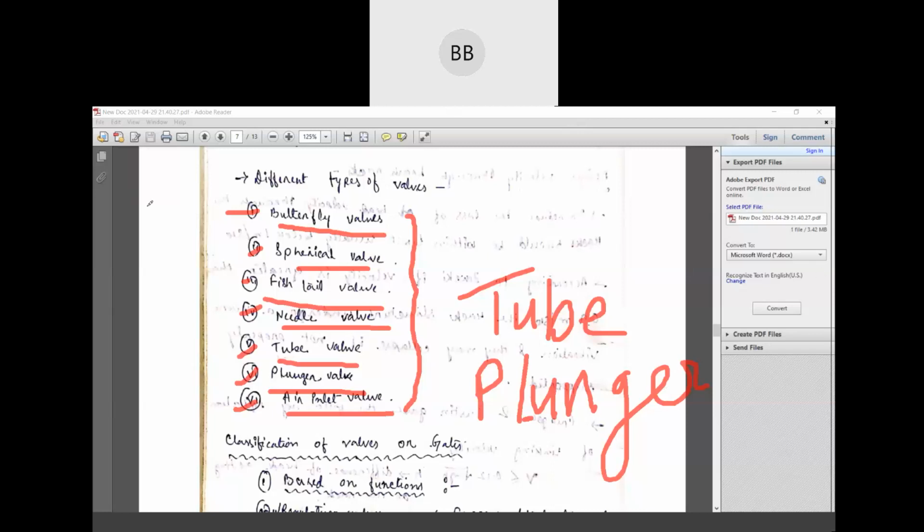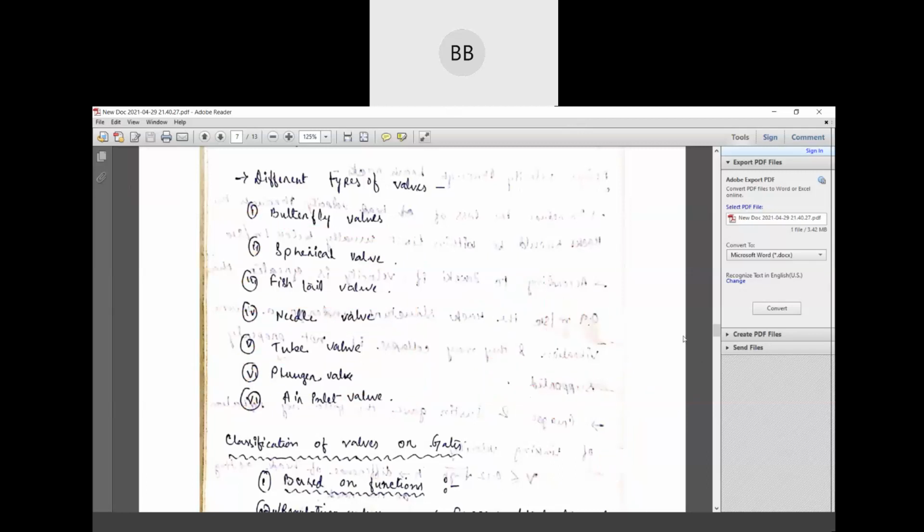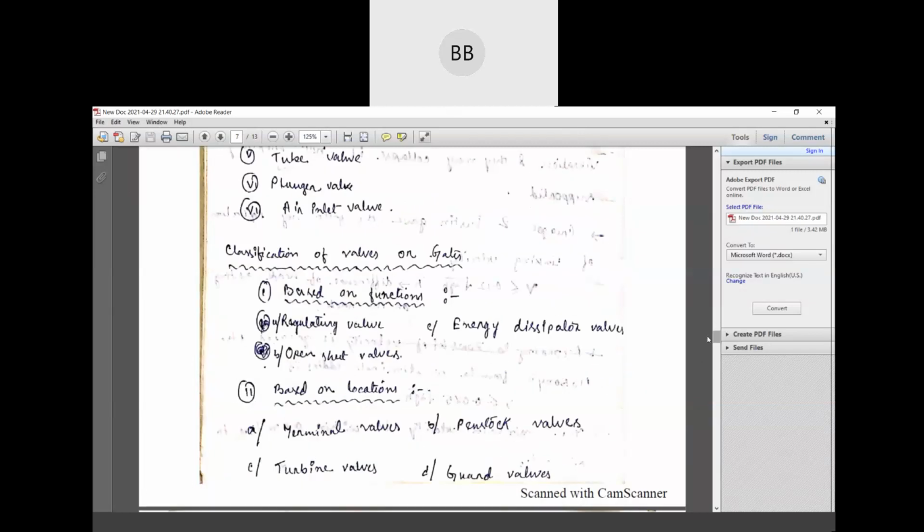Okay, so then we move on to the next classification of valves or gates, based on function first. Classification of valves or gates, number one, based on function. Previously, whatever we wrote, those are different types.